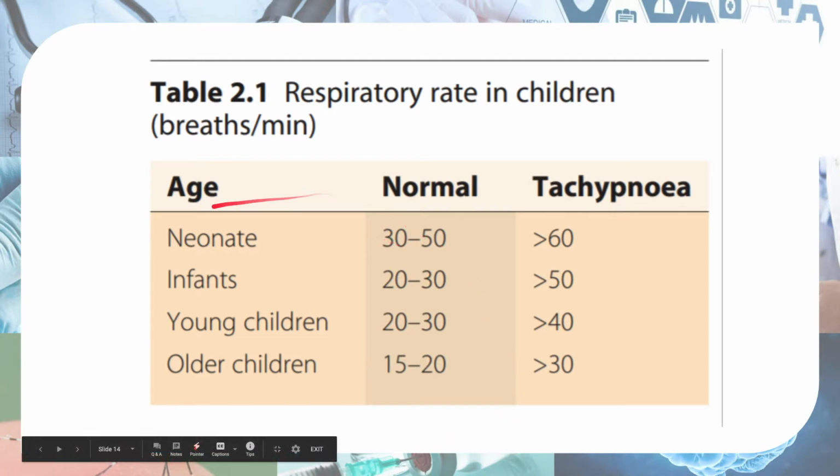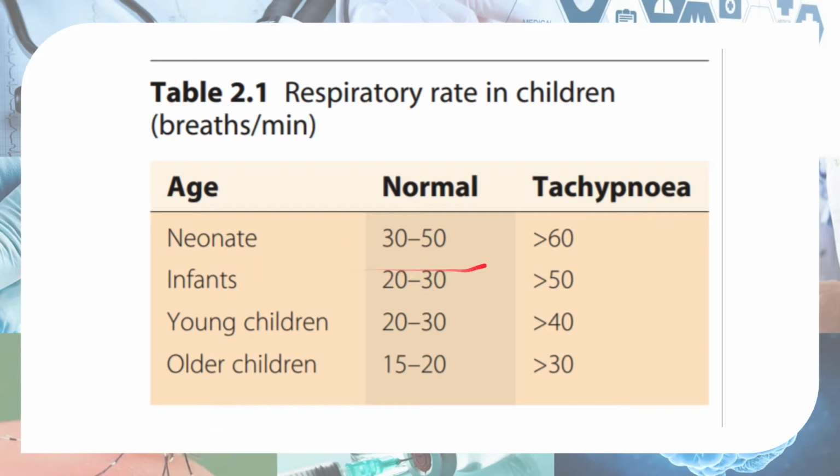Then from the pediatric textbook, it's a bit strange here, they don't have toddlers here, so they skip toddlers. So what's the value for toddlers after infant? So what's the value for 1 to 2 years? We don't know. And then the normal value is 30 to 50, but tachypnea is only more than 60.